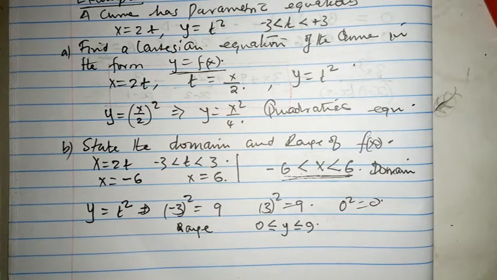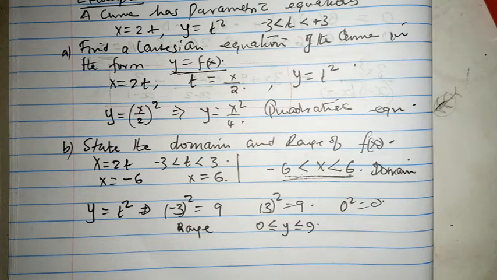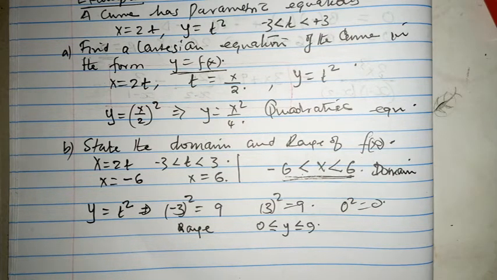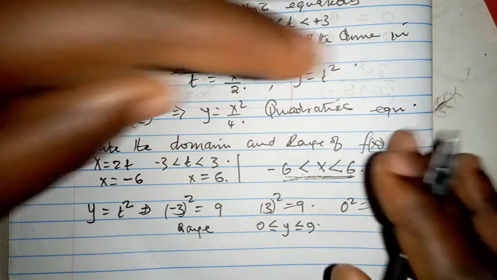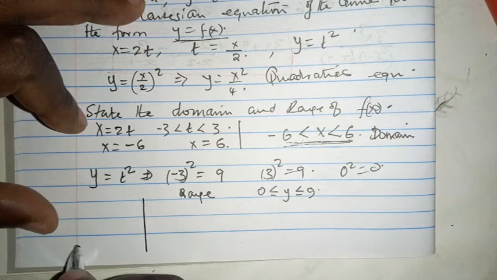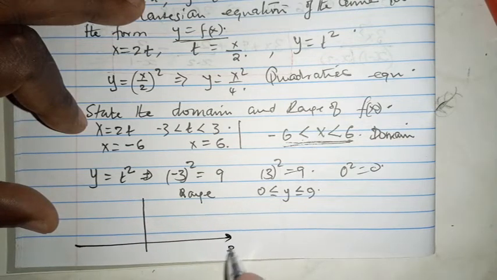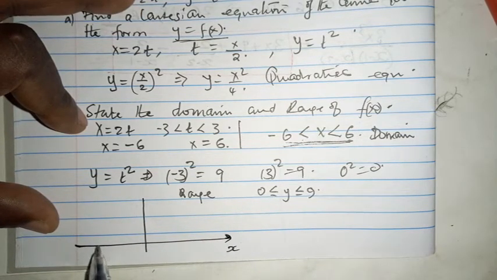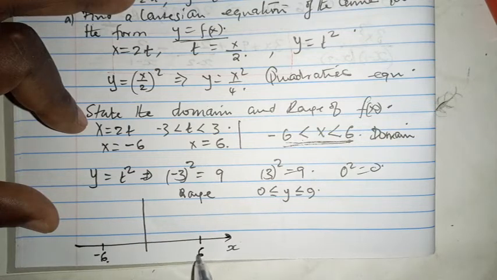And the third part of the question is: sketch the curve within the given domain of t. Of course, this is along the x-axis. When t is -3, x is -6. When t is +3, x is +6.